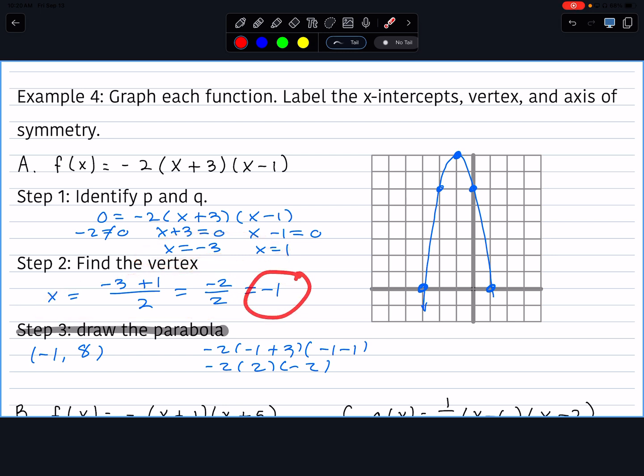Now you have the x-coordinate of the vertex. You do the normal thing. You plug it in to find the y-coordinate. And then we can graph like normal. But again, the nice thing is they've already given us a couple points. You can use them since you know what they are. You don't have to. You know what your stretch is. You have your vertex. You've got your stretch. You can do what we've been doing. Okay? Any questions on that? Okay.